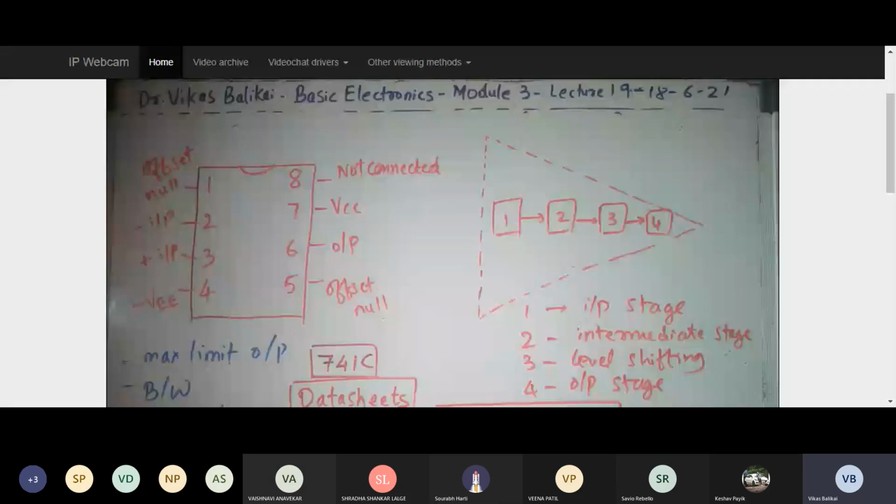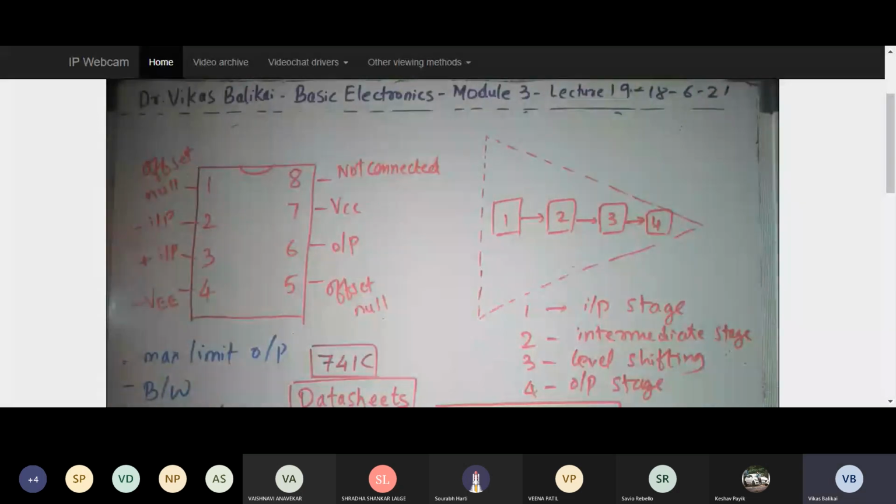Okay, so welcome you all to this lecture series on basic electronics, and we'll be starting with the next lecture on the op-amp. In the last class, that is in the morning class, we had some discussion with respect to the operational amplifiers and a few characteristics.